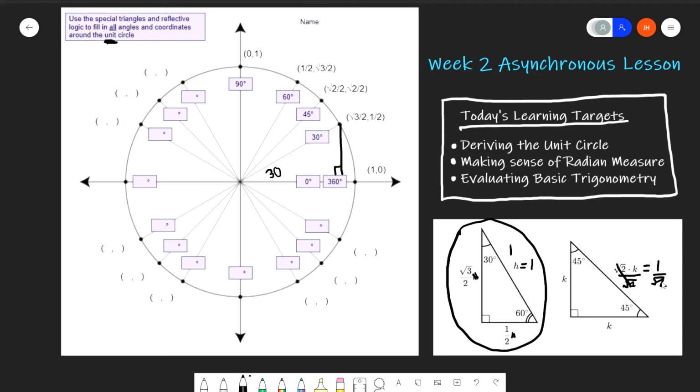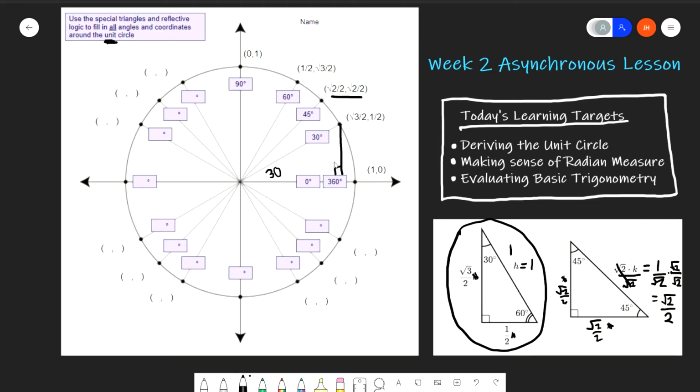Remember, that was where we multiplied the top and bottom of this fraction by that square root of 2. The reason why we do that is because when I multiply these fractions, I get 1 times square root of 2 is equal to the square root of 2, and square root of 2 times square root of 2 is equal to the whole number 2. So in the end, k would be square root 2 over 2. And that's where we got these coordinates here for the 45-degree angle, right?